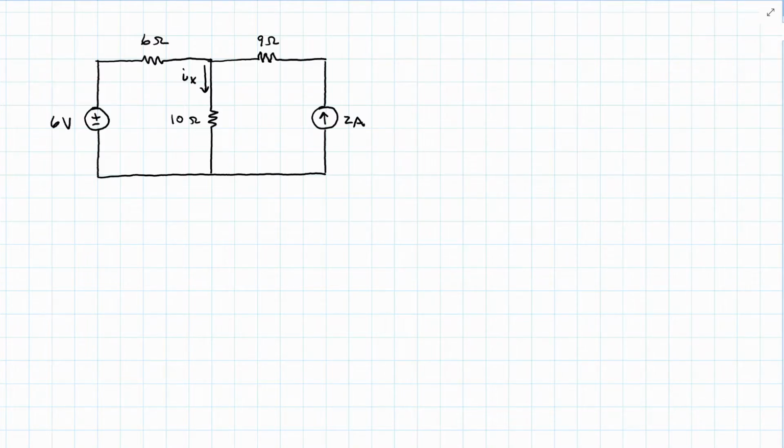Starting with the 6 ohm resistor, I'm going to assign a voltage of V6, positive polarity on left, negative polarity on the right, and a corresponding current, I6, which is going to flow into the positive polarity terminal. For my 10 ohm resistor, I already know that Ix flows through it, so I'll just need to assign a voltage.